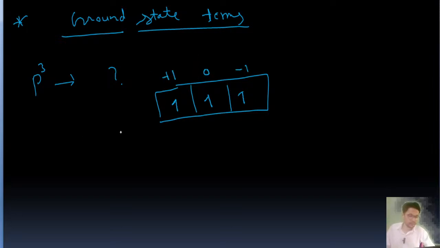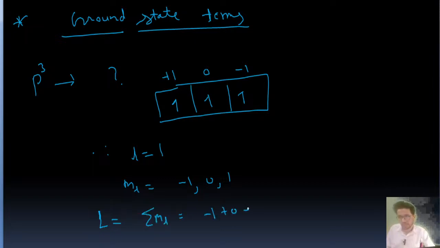Here you need to understand that p means L equal to 1, and we'll find ML values. ML values are minus 1, 0, 1. And L value is sigma ML, that is minus 1 plus 0 plus 1. This value is 0. L value is 0.